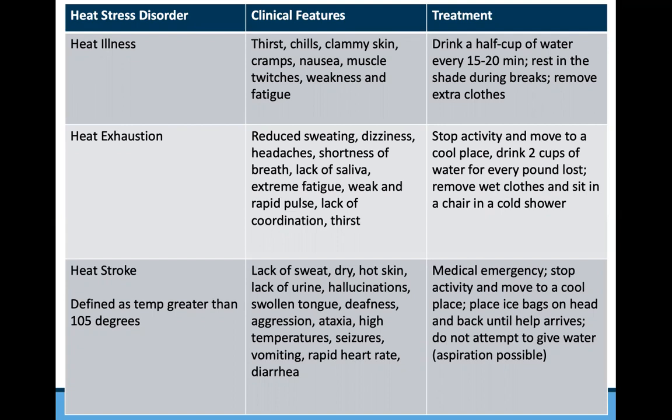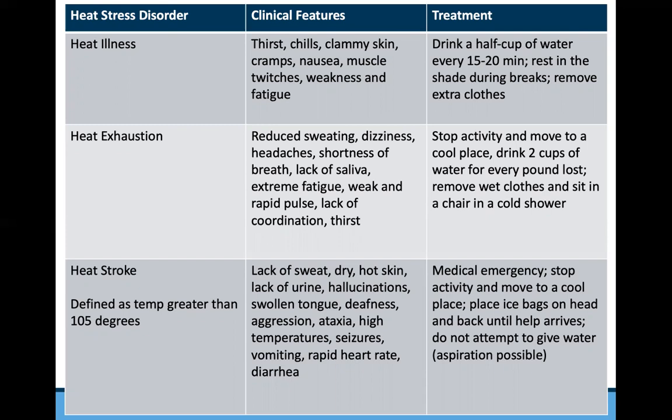And then remove wet clothes and sit in either under a cold shower, under cold water, or in a cold bath, if you have any other access to cold water on the field.